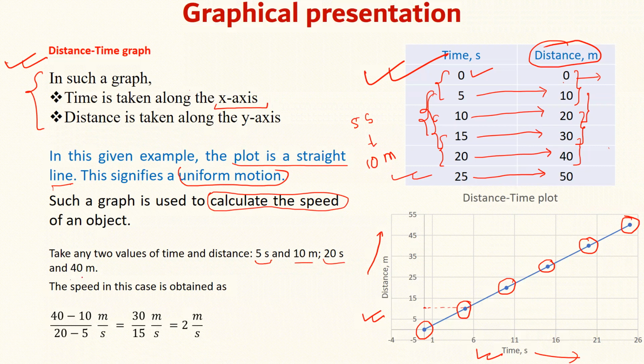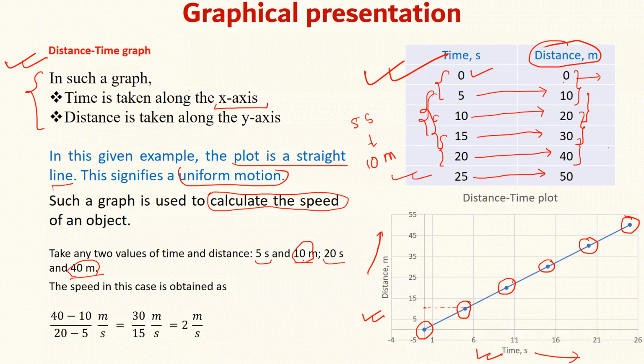So what is the displacement of the object in this case? The displacement would be 40 minus 10. Earlier it covered 10 meters and now it covered 40 meters, so 40 minus 10 is the distance the object has covered.